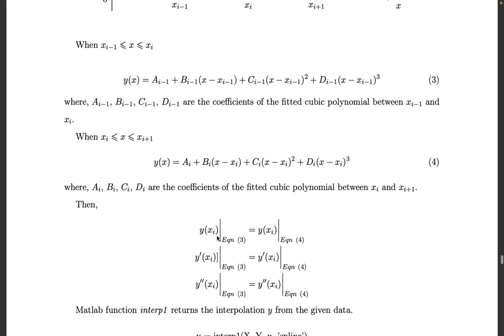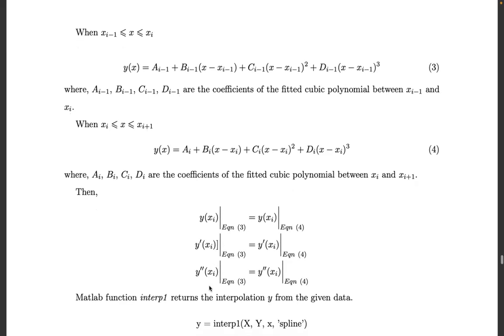y(x_i) in equation 3 equals y(x_i) in equation 4. Also, the first order derivative at x_i is equal, and the second order derivative is also equal at x_i, for equation 3 and equation 4.